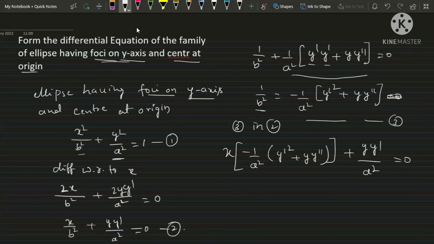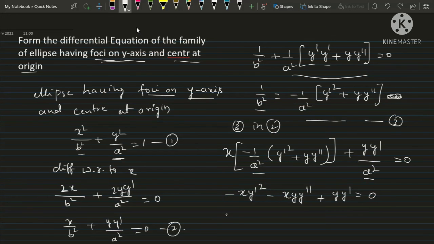Okay, now 1 by a square I will take common. I will send that side, that becomes 0. What is left finally? Minus x into y dash square minus x y y double dash plus y y dash, because I took 1 by a square common and I sent that side, that becomes 0. Now finally I will take minus common here.